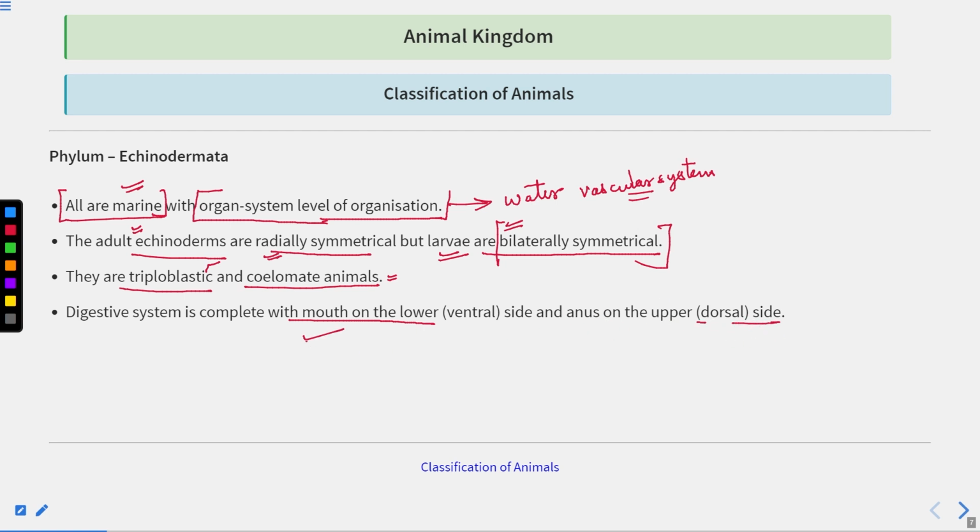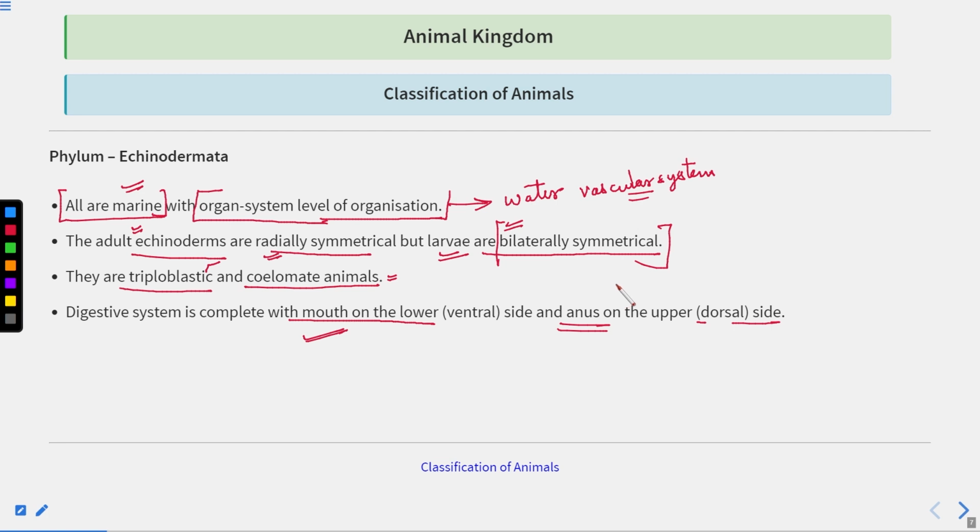The position of the mouth is very unique. The mouth is downward, that is on the ventral surface, and on the dorsal surface they are having the anus. But it is complete. The digestive system is complete because it is having two openings, right?